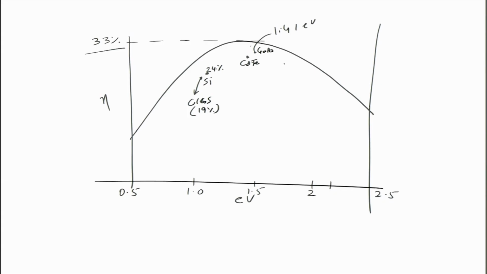So, perovskites are sitting somewhere here, 20% or so. And then we have organics, which are also roughly in the same band gap range, lower efficiencies though. So, this is where we have organics. I will show you a chart later on in the next class, which can give you a good idea about the devices.